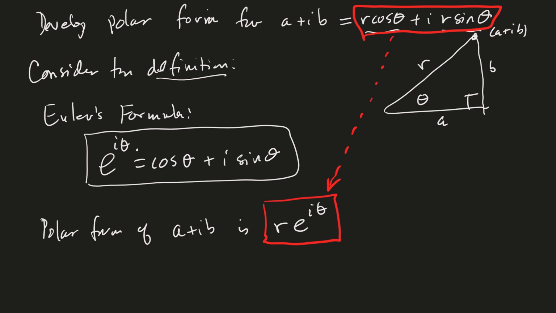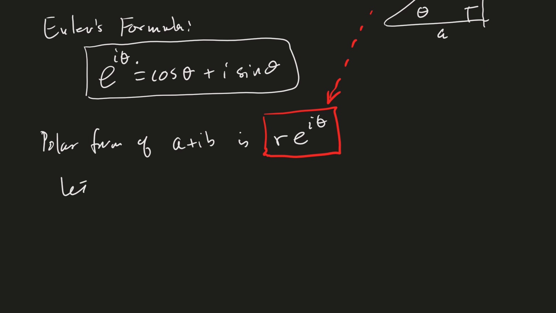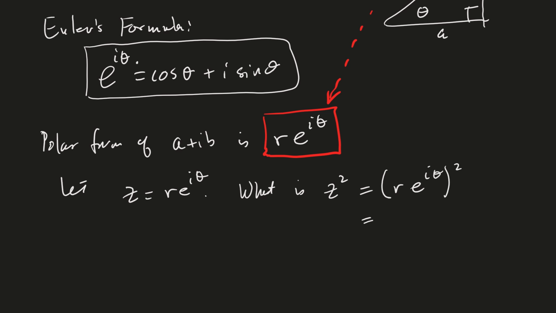And so this is really an interesting expression right here, because, for example, suppose z is equal to r e to the i theta. What is z squared? What does z squared do to a complex number in the plane? To understand what z squared does, you can square the polar form, and you see that that's r squared e to the i 2 theta.